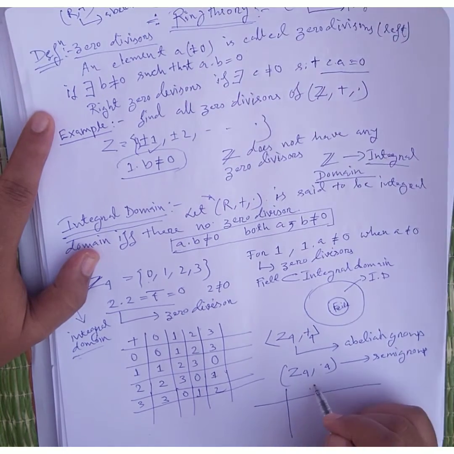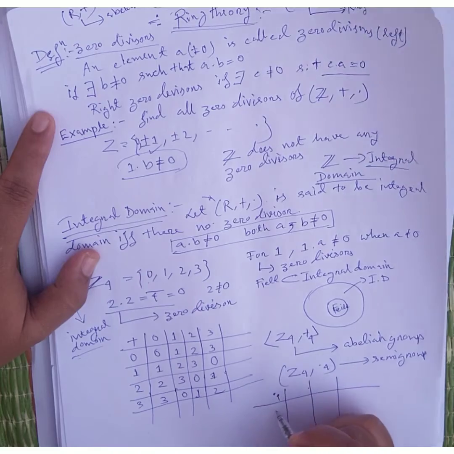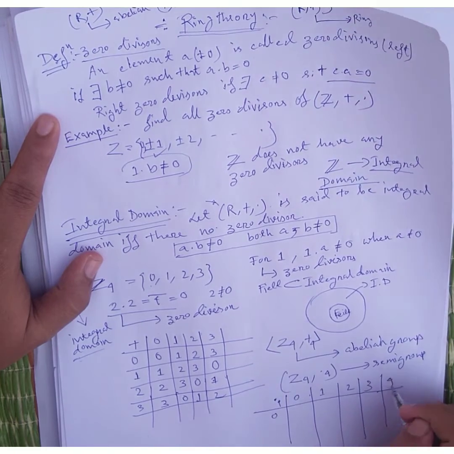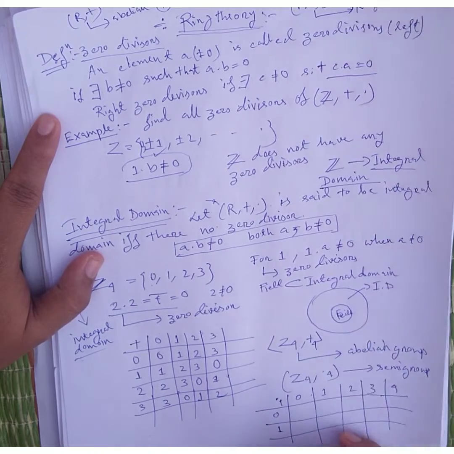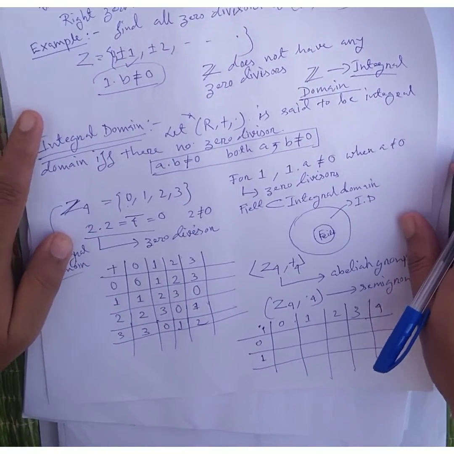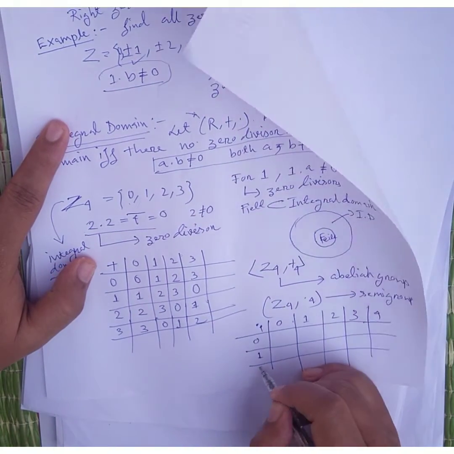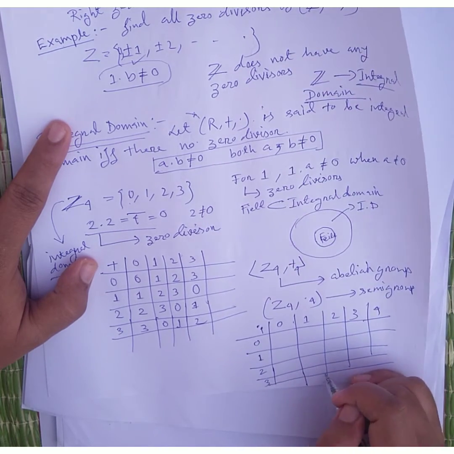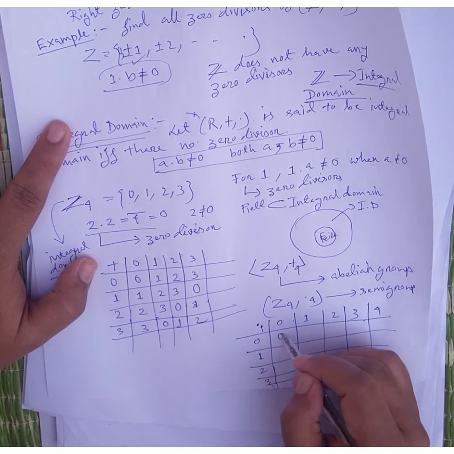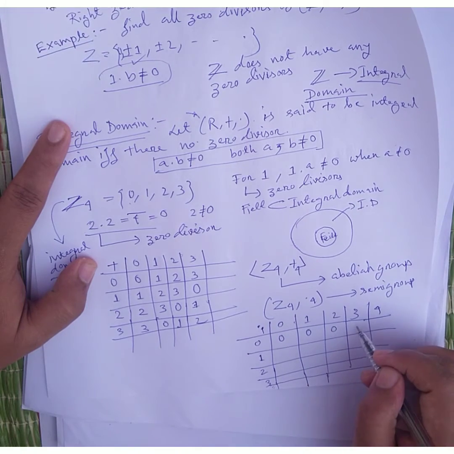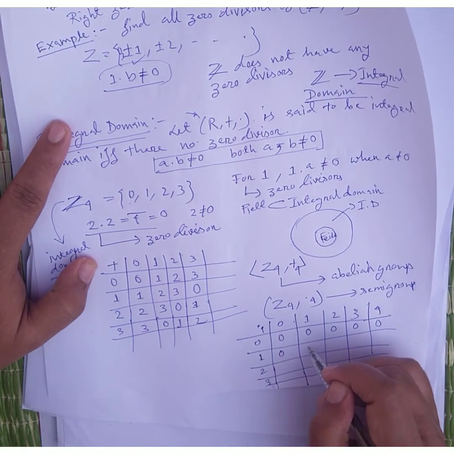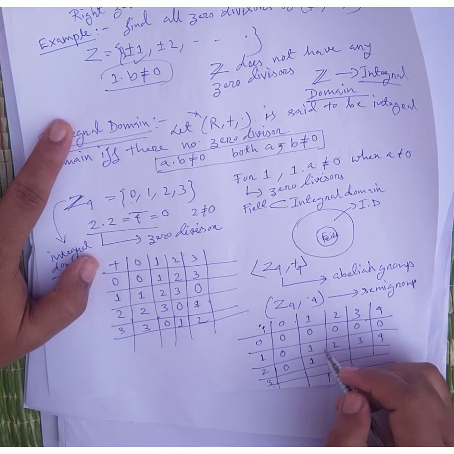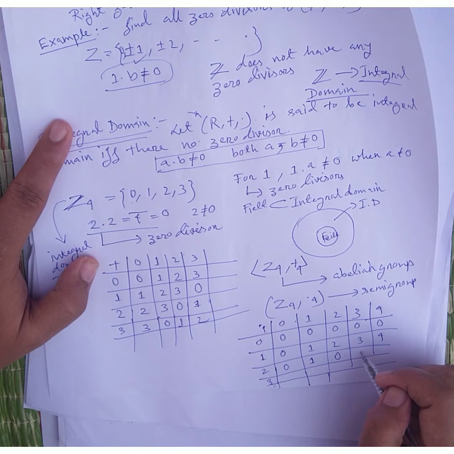Let's see how it is for the semigroup, with elements 0, 1, 2, 3 in the multiplication table. Then 0 into 1 is 0, 0 into 2 is 0, 0 into 3 is 0, 0 into 4 is 0, and 1 into 1, 2 into 2, and so on. 2 into 0 means 0, 2 into 1 is equal to 2, 2 into 2 is equal to 0, and 2 into 3 is 2.